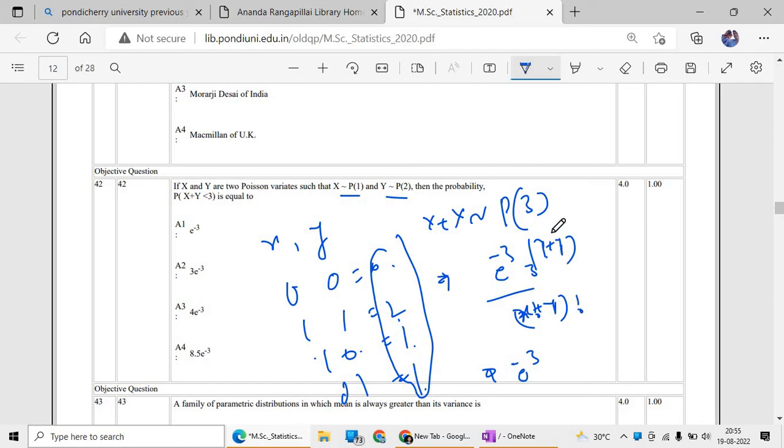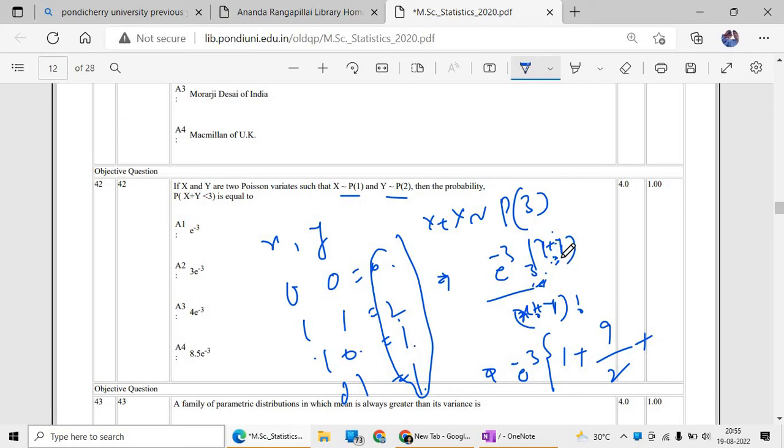So here we are taking 0. When we take 0 here, we are taking e power minus 3 common, so 1 plus. When we take 2 here, it will be 3 square, so 9, 9 by 2 factorial, that is 4.5, plus.